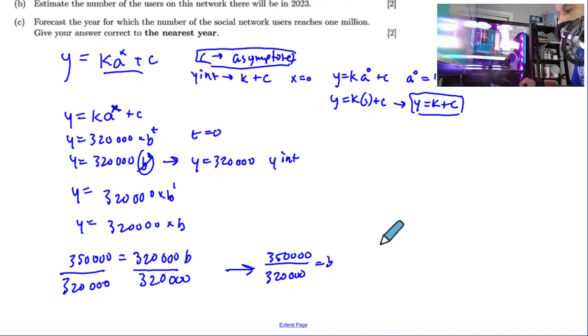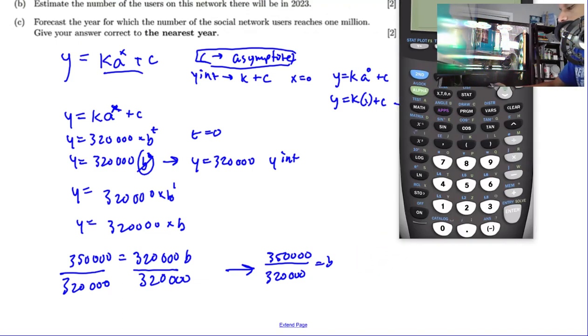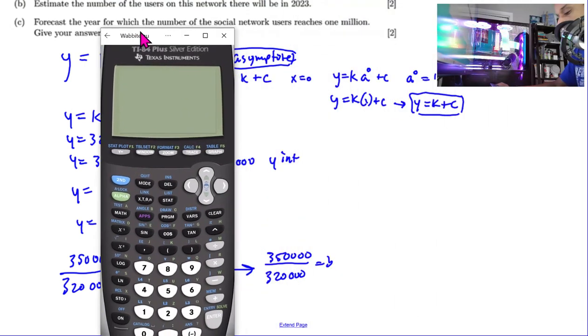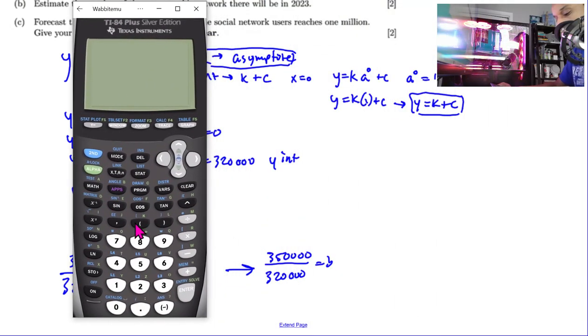So let's put that in the calculator. Let's see if I can find my calculator. Calculator, where are you? Oh, there you are, buddy. All right. Let's use a fraction, because fractions are our friends. 350,000 divided by 320,000.